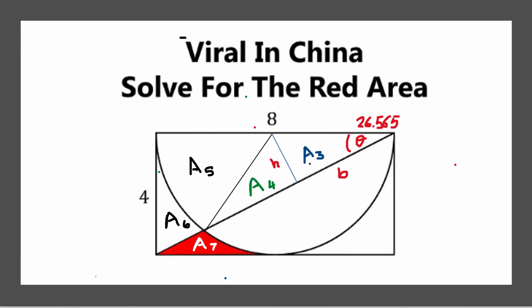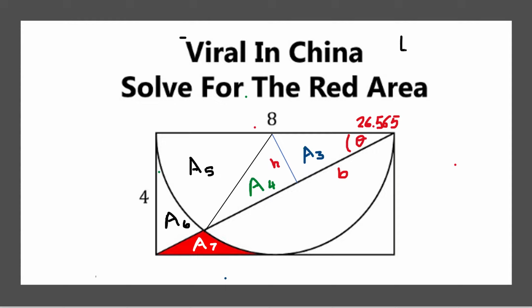A3 and A4 are two congruent triangles. But to find, for example, the angle theta here, we already found it is 26.565, but to verify how we found it: tangent theta is equal to sine theta over cosine theta, according to trigonometry.